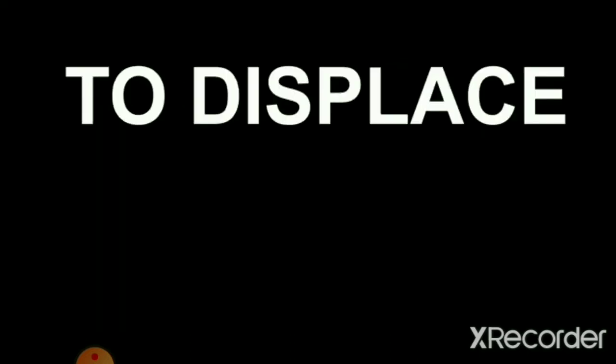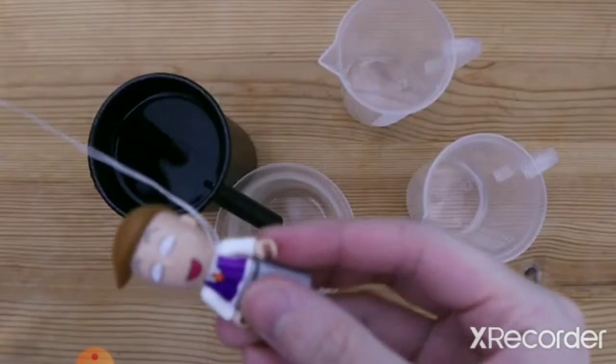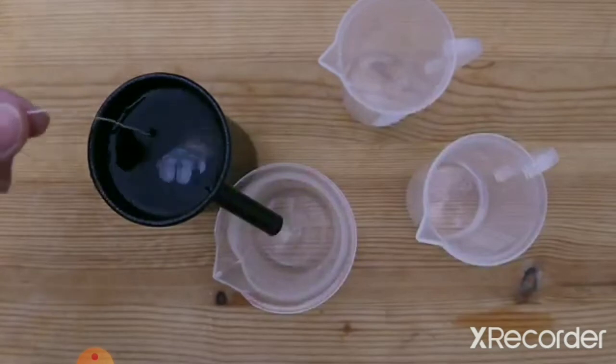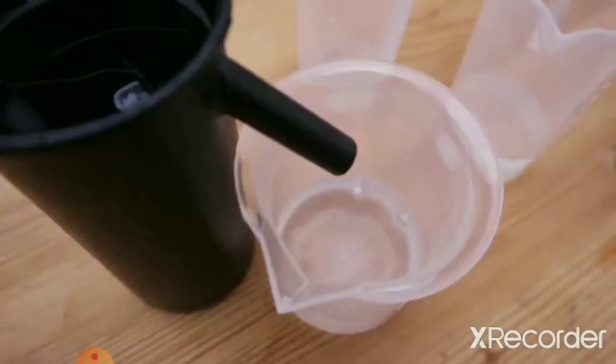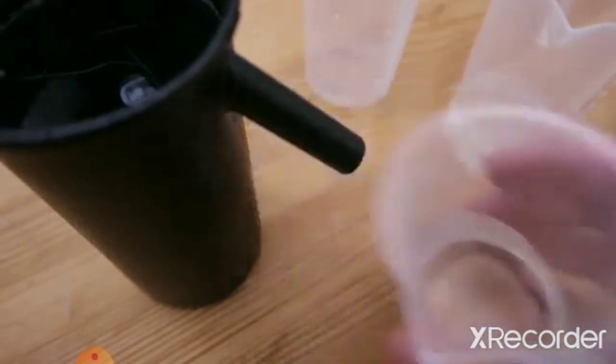Next, take the irregular object and immerse it gently into the water contained in the Eureka can. The solid displaces water equal to its own volume.